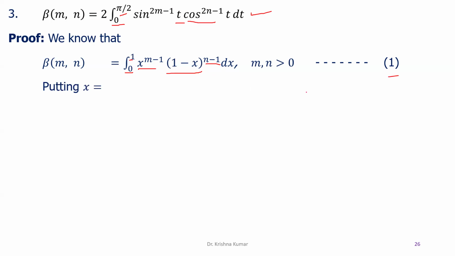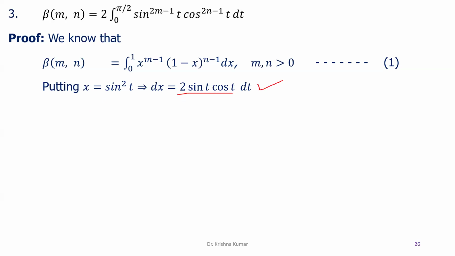Now, let us put x equal to sine square t. Then dx is equal to the derivative of sine square t, which is 2 sine t, again derivative of sine t is cos t dt. So if x equals sine square t, then dx is equal to 2 sine t cos t dt. Also, let us change the limit.